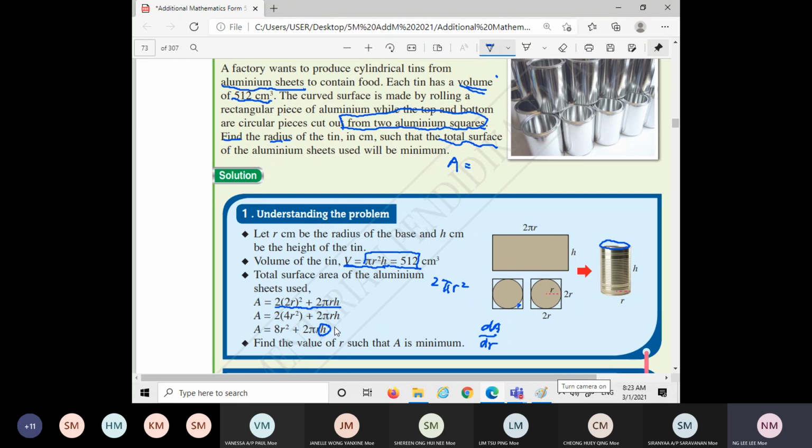That's why just now I say this H you got to replace in terms of R. So from here, the H is equal to 512 over pi r squared, bring to this side, divide by pi r squared. So replace this H with this. Only then start your differentiation.